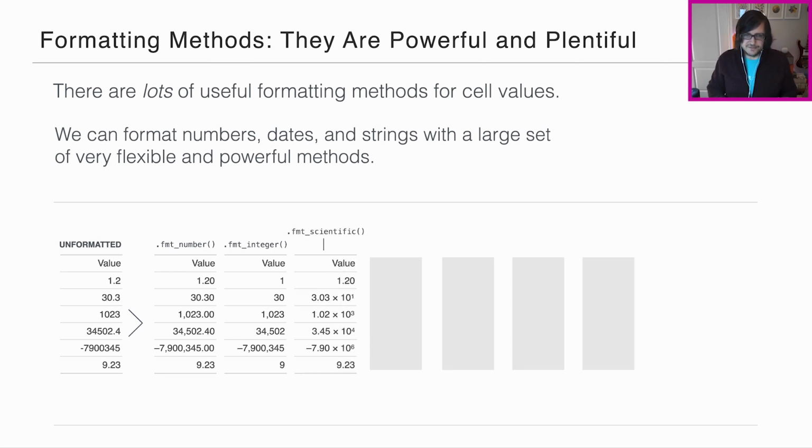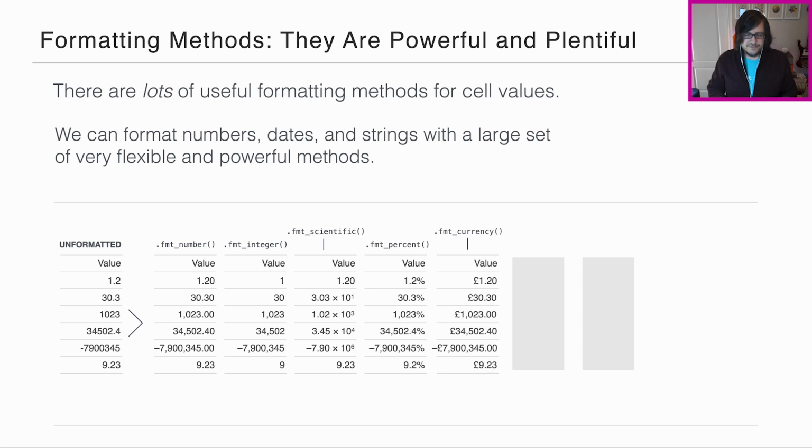Sometimes your values are either extremely large or very small, and especially in certain domains, you might want to use format scientific to get your values in scientific notation. It's quite easy to do that with that method. Another thing is formatting as percentage values. We can do that with format percent. And if you have currency values, we can use format currency.